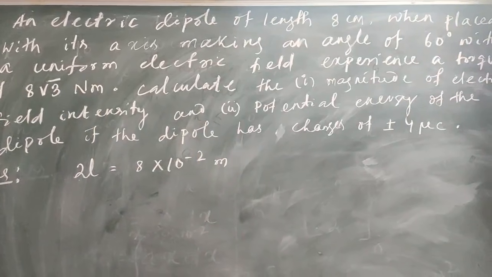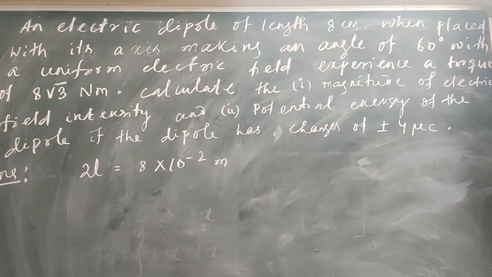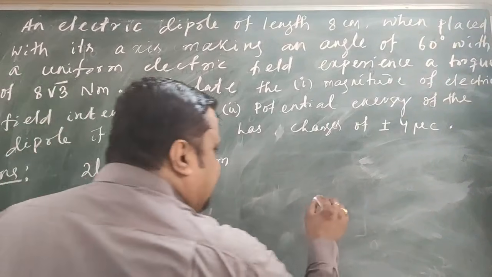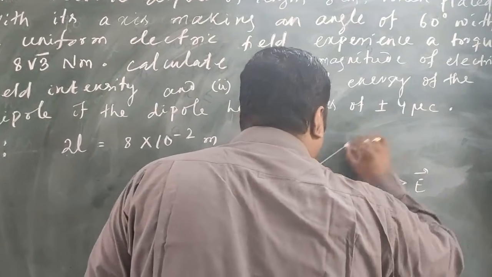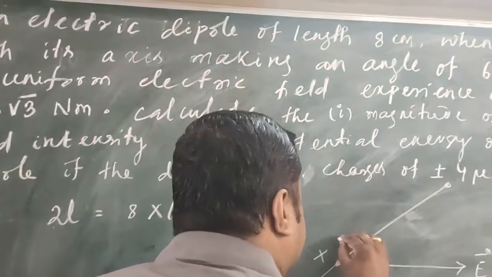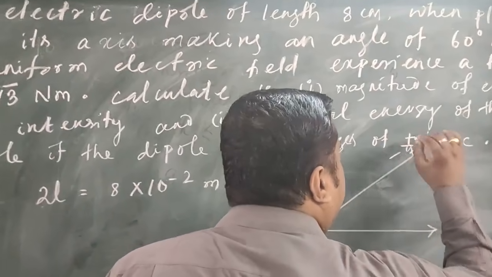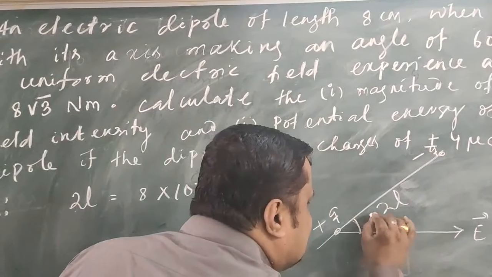When placed with its axis making an angle of 60 degrees with a uniform electric field, the dipole, with charges plus and minus separated by distance 2l, makes an angle of 60 degrees.